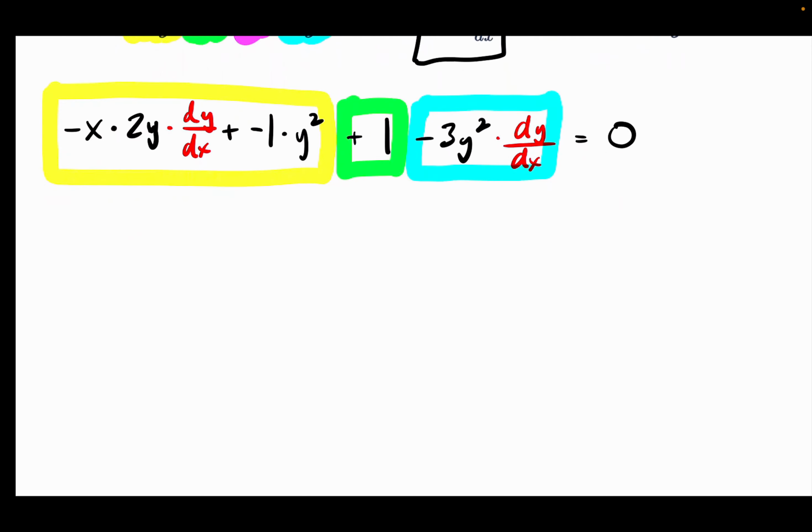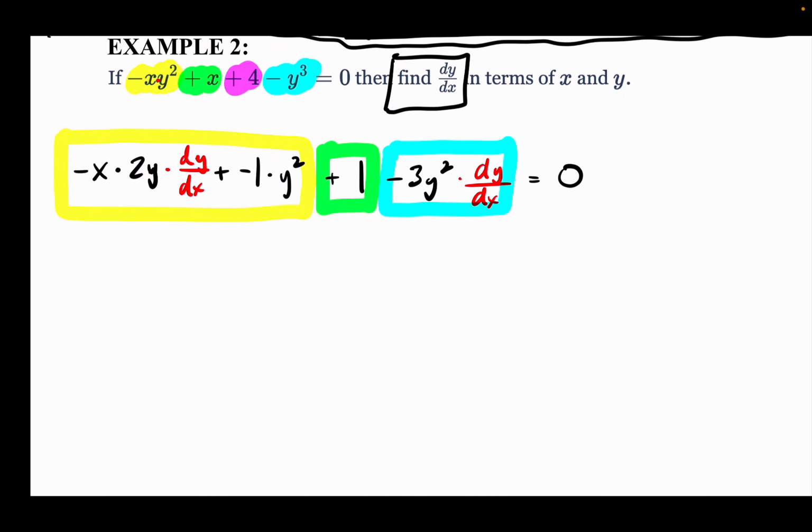Okay? Now I got to isolate the dy dx's, just like I did the last problem. So anything without a dy dx is going to move to the other side. There's a couple things. I can subtract 1 from both sides. And then if you look, this guy here too, negative y squared, I can add 1y squared to both sides.